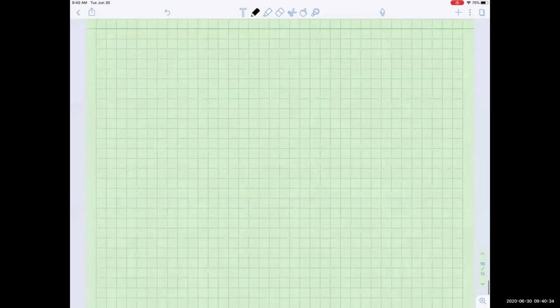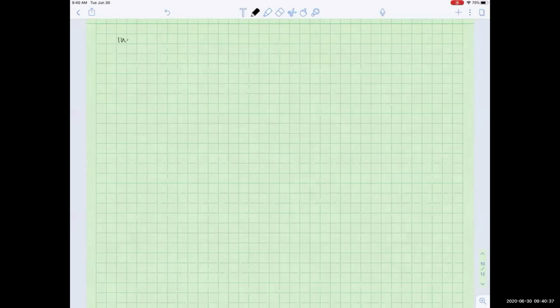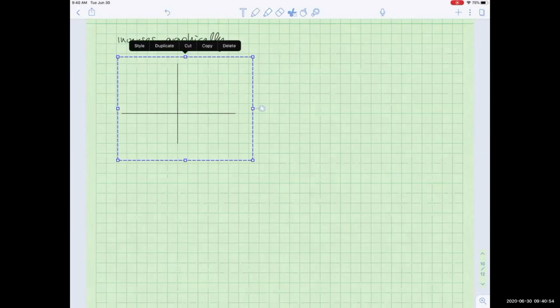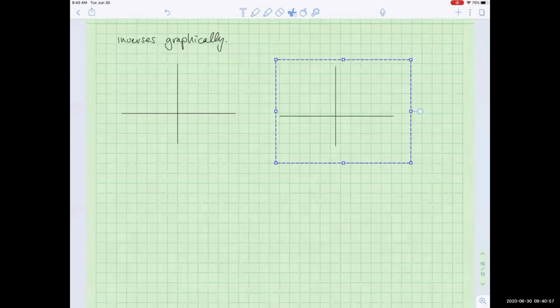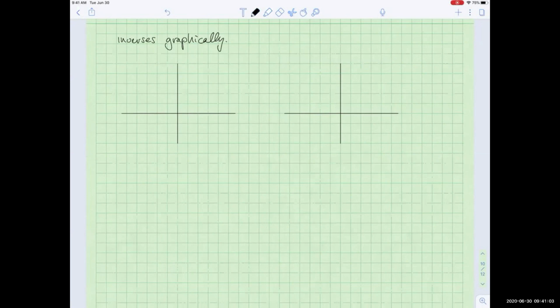That leads us finally to inverses graphically. Suppose we have a relationship, and it doesn't have to be a function. I'm going to draw a silly relationship. This is the relationship R, and really it's a collection of ordered pairs.